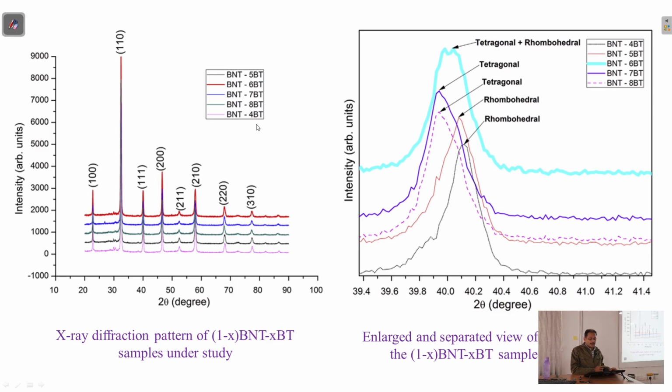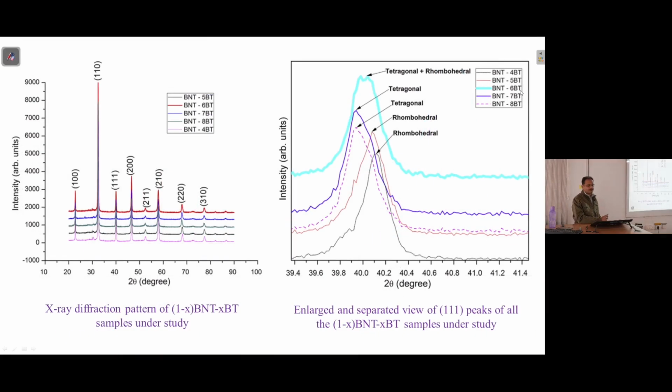You see this is varying from 4 BT, 5 BT, 6 BT, 7 BT, 8 BT, like that. This fraction of BT is varying, right? So this middle one, if you consider the 6 BT, this gives a specific thing, that is two phases coexist for this.